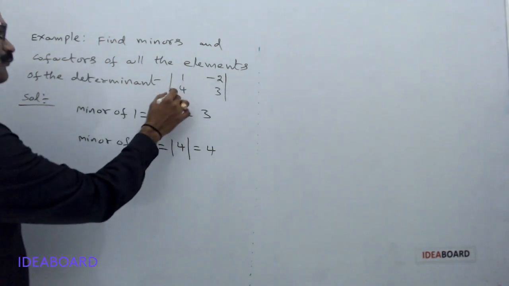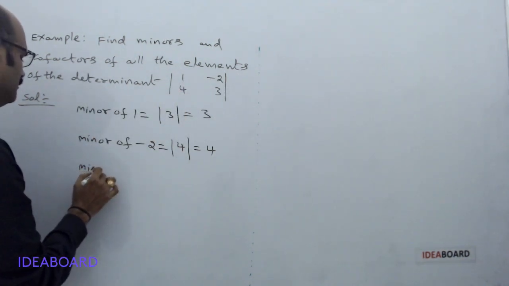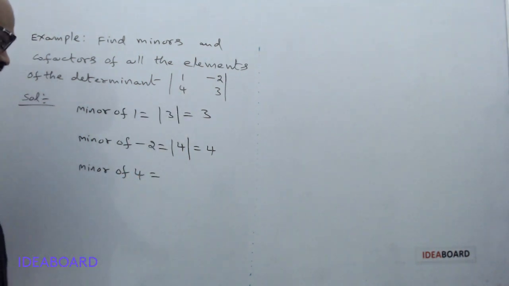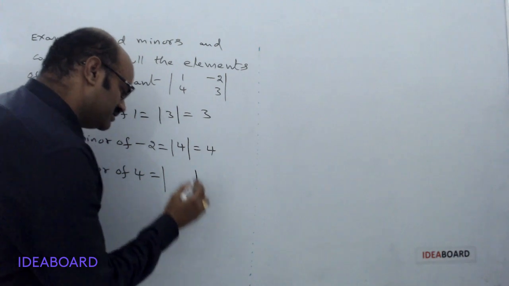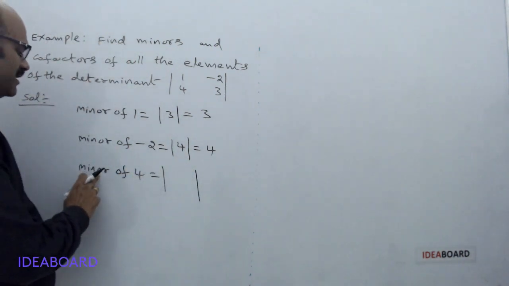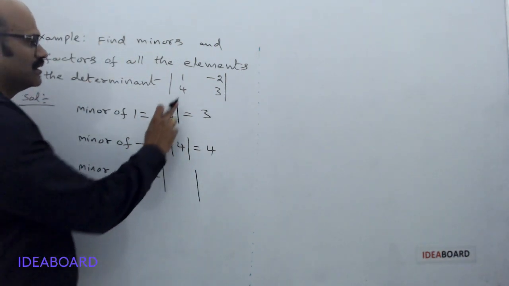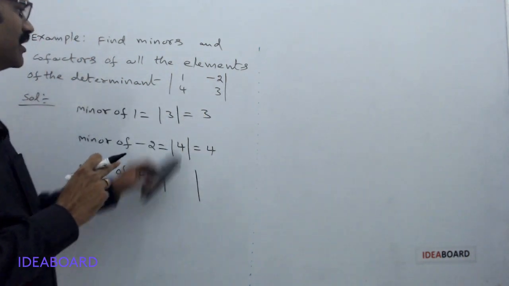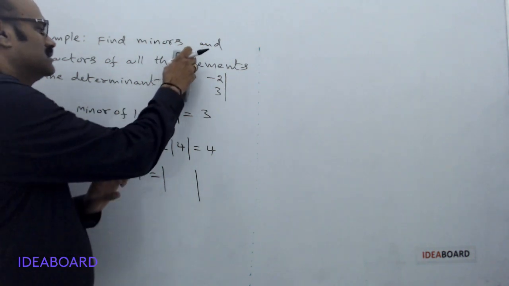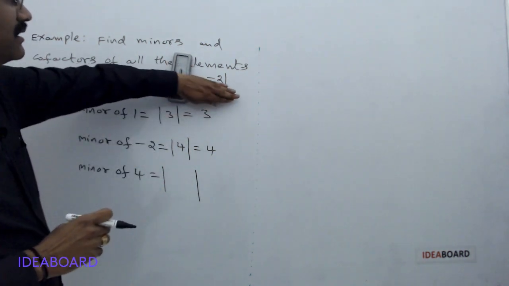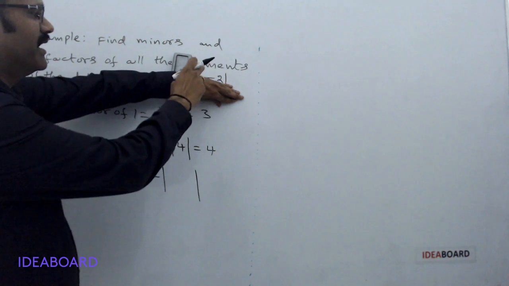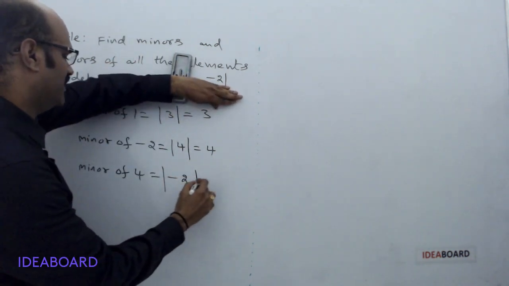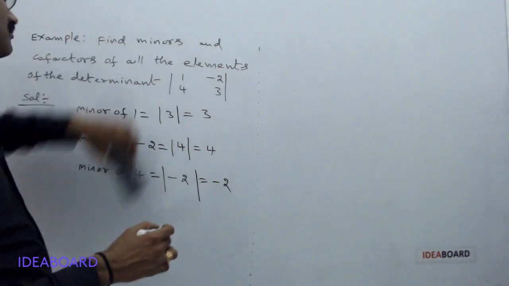Now minor of 4: the element 4 lies in second row and first column. So we delete the first column and second row. The remaining element we take in a determinant, so determinant of minus 2 equal to minus 2.